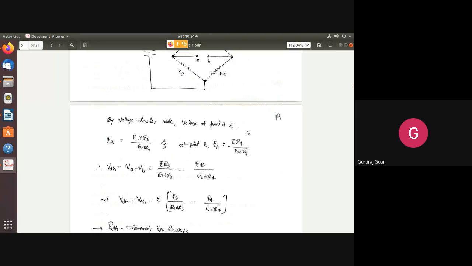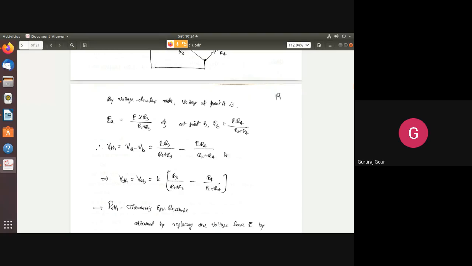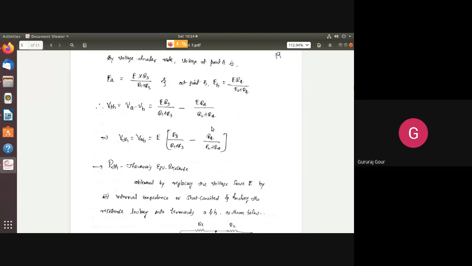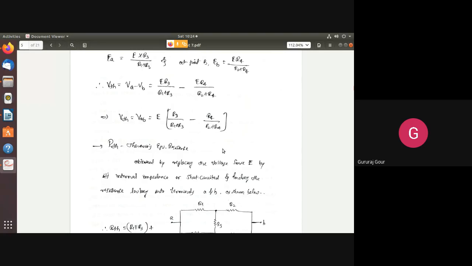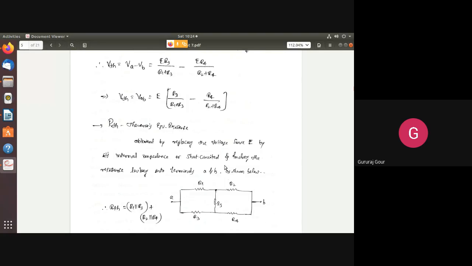Now to find VTH, we have to take the difference VA minus VB. Simply you take EA minus EB, manipulate, resolve it, and finally we get Thevenin's equivalent voltage as E into the bracket R3 by R1 plus R3 minus R4 by R2 plus R4. So this is Thevenin's equivalent voltage you got by open circuiting the galvanometer.